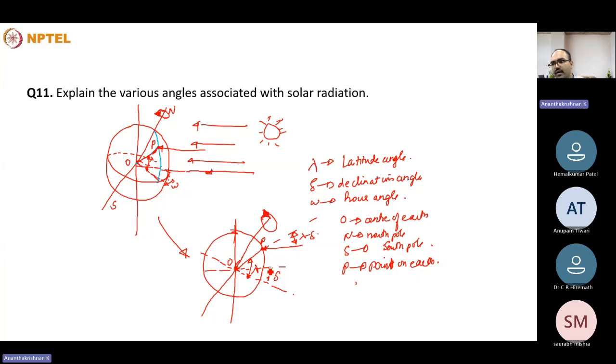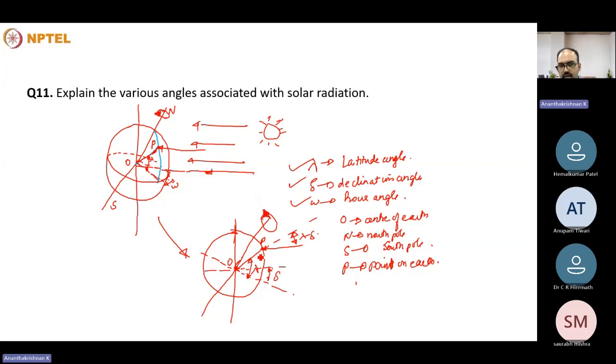So what we have on our hand is three angles. One is lambda, the latitude angle. The second one is delta, the declination angle. The third one is the hour angle. The latitude angle is defined as the angular distance of the point P north or south of the equator.